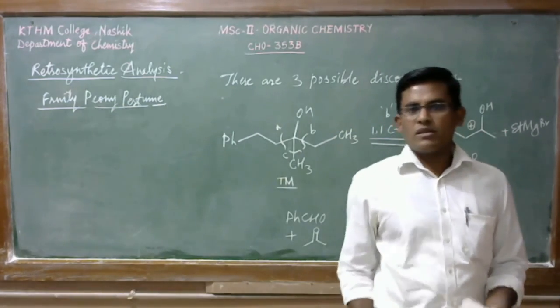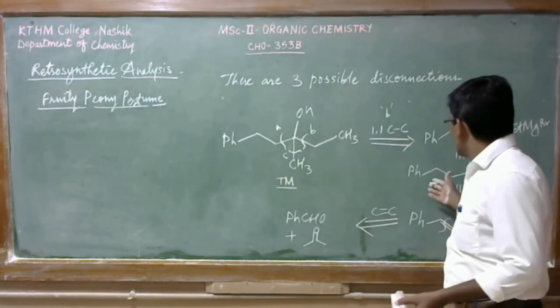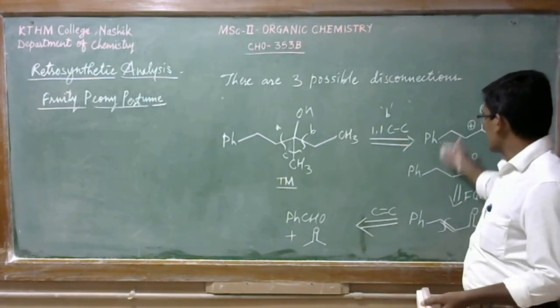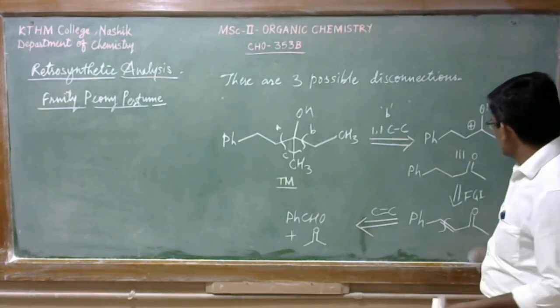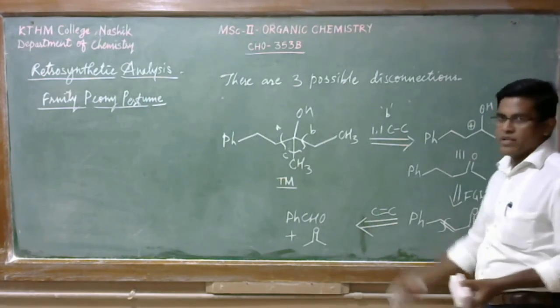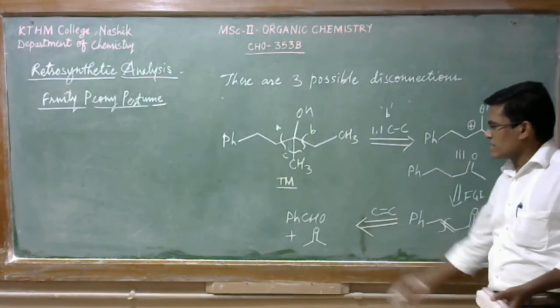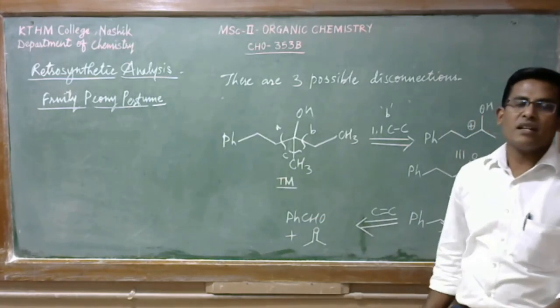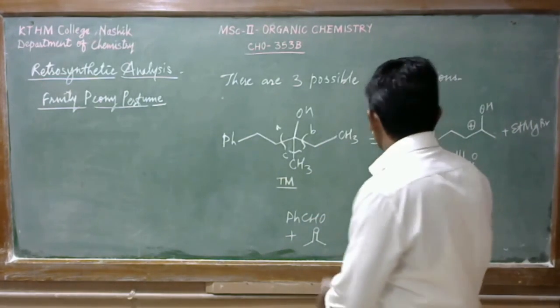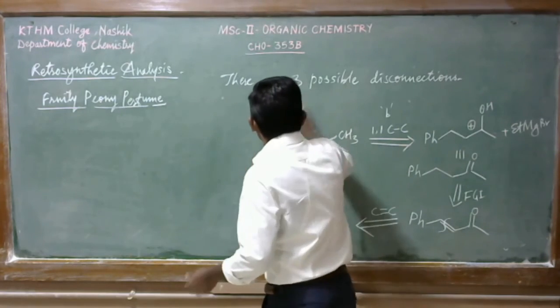So this is the route for this particular disconnection. Okay. So this ketone can be made by using this aldol condensation of this benzaldehyde and acetone. So let us have its forward synthesis.